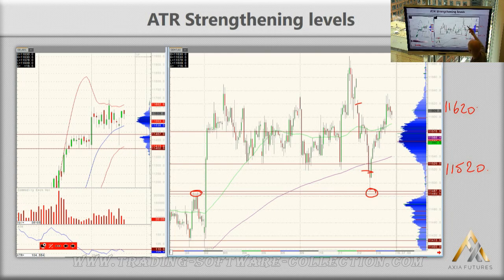Likewise, you see it on this move here as well. Drops down towards the level which was the previous lows, but the fact that we've come from that little bit higher up, so we've come from 11,630 down to the same area, that's hit the ATR as well.